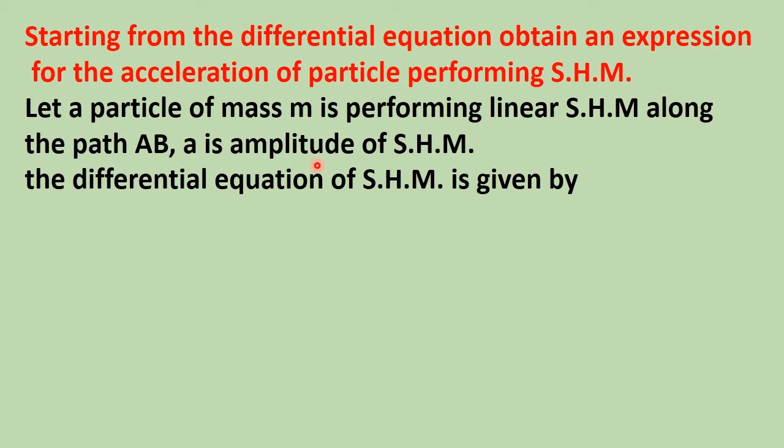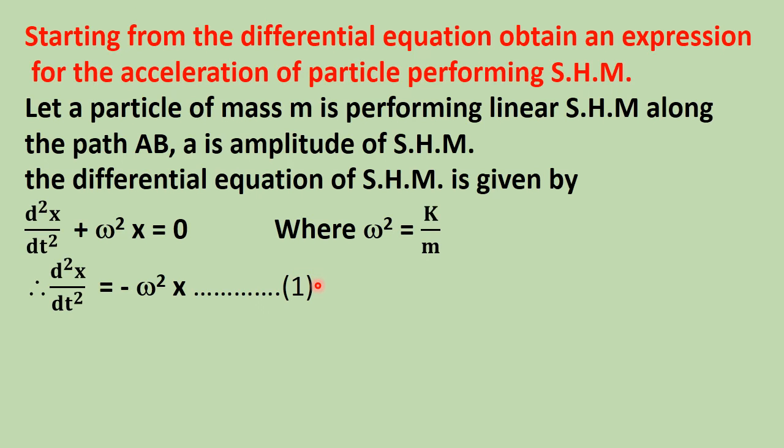The differential equation of simple harmonic motion is given by the formula d square x upon dt square plus omega square x equals 0, where omega is known as angular velocity.